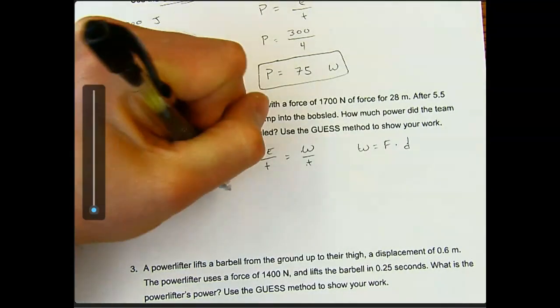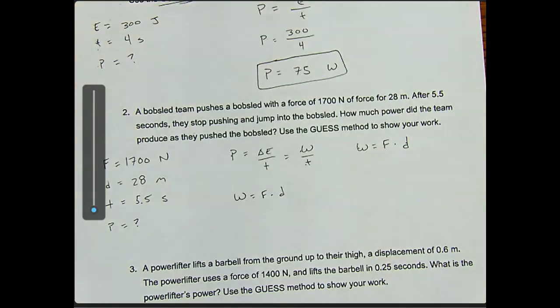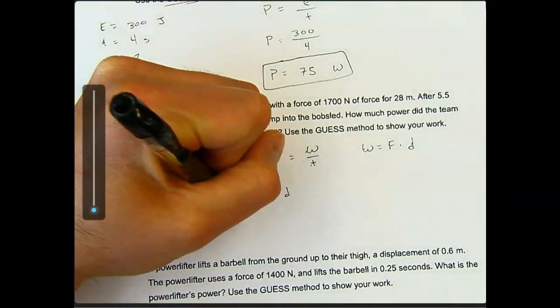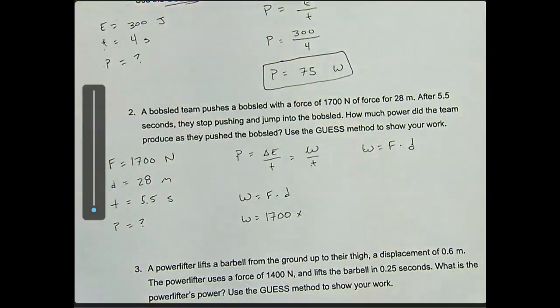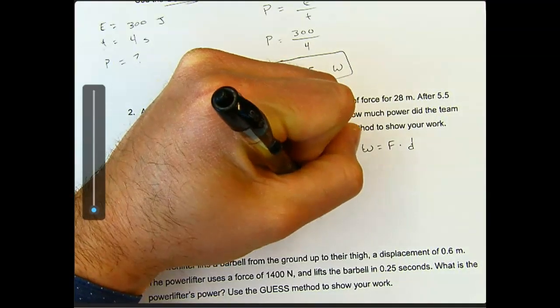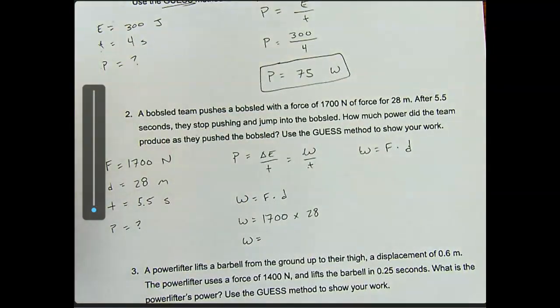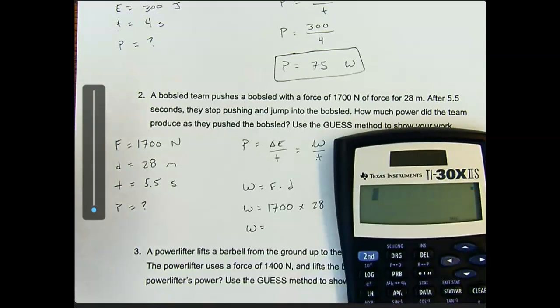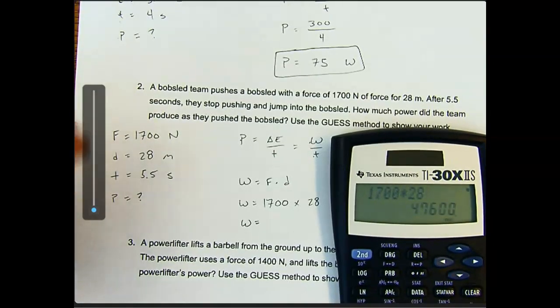So first, let's start off with work is equal to force times distance. So for that one, we'll do work is equal to 1,700 times 28. And I can't do that off the top of my head, so I'm going to use a calculator. That's a big number.